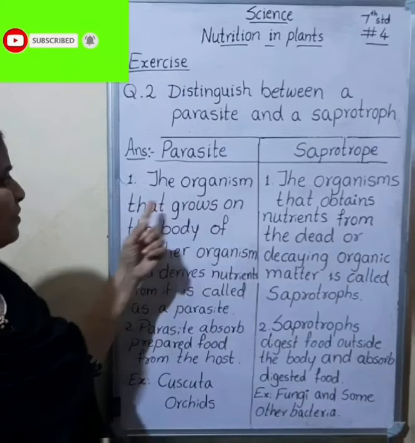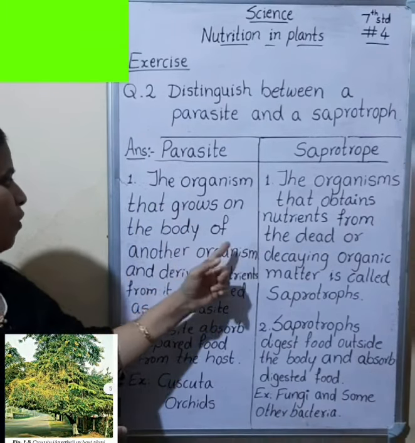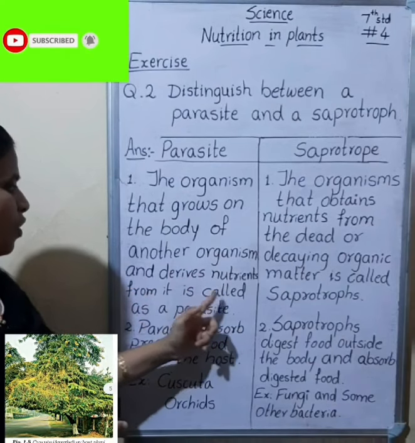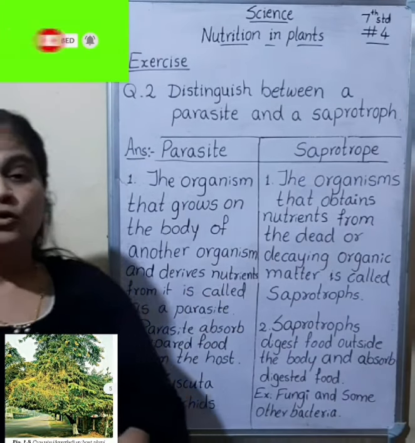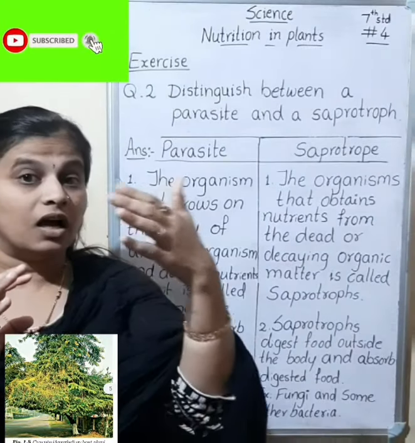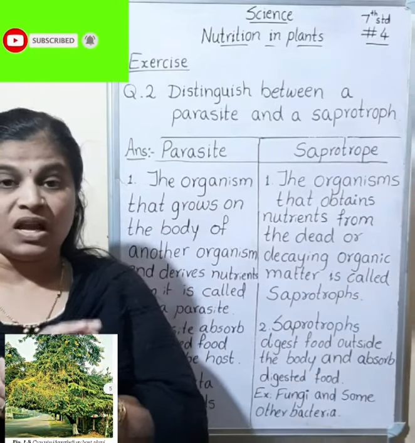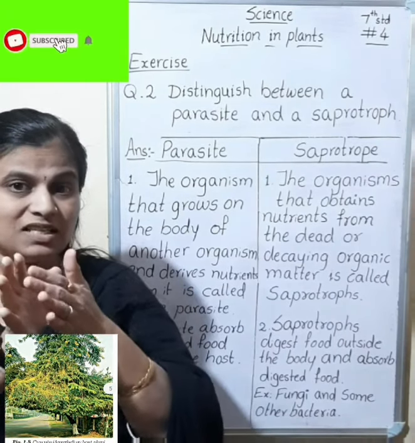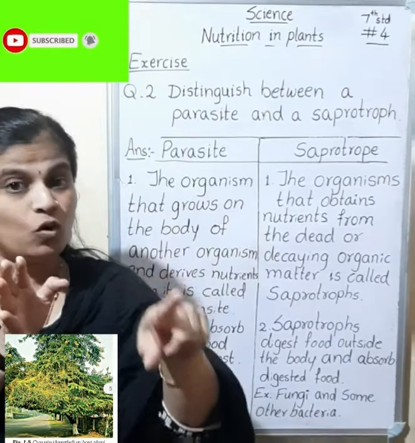The organism that grows on the body of another organism and derives nutrients from it is called a parasite. So what is a parasite? Parasites grow on another organism and derive the nutrients from it. The organism on which it grows is called the host, right?